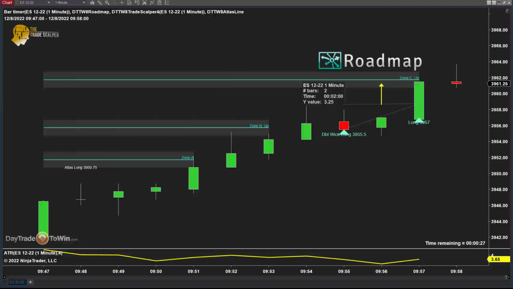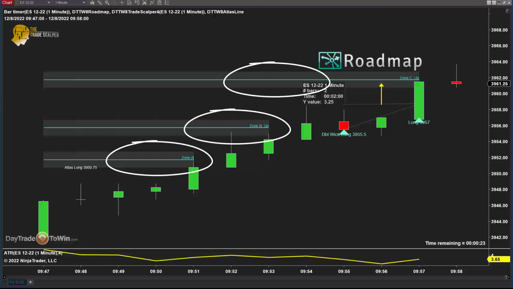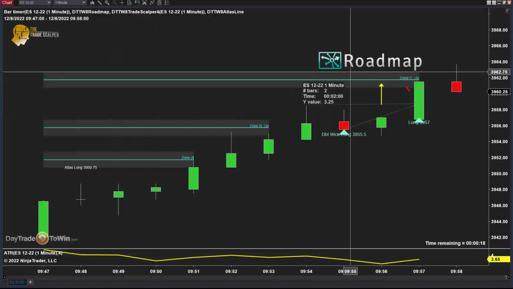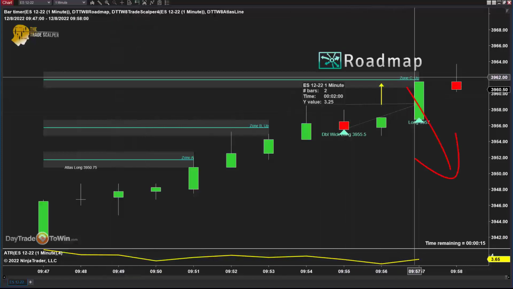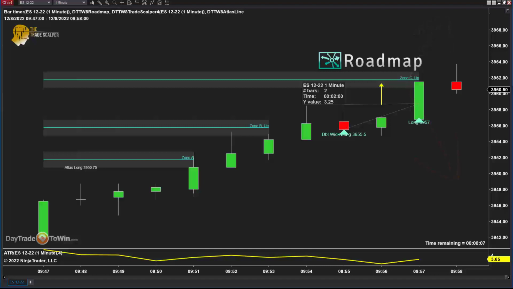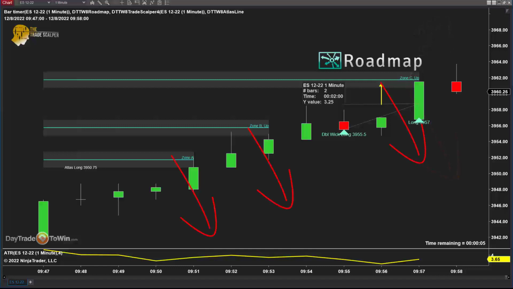So we're using the roadmap software where you see here zone A, zone B, zone C. You're using this roadmap software in two ways. One as a filter and an opportunity as counter trend, and the other would be if it continues and just goes through it, we're going to go long to take advantage of that volatility. Now the key is when the market is slow, it hits these zones and typically pauses, stops, reverses.